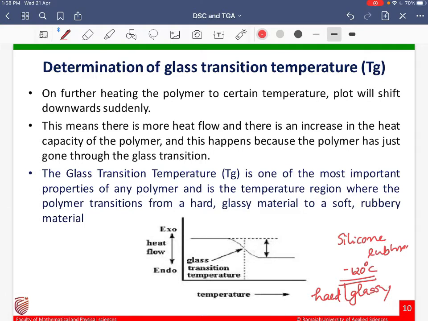Above minus 120 degrees Celsius, the silicone elastomer will act as rubbery. So minus 120 degrees Celsius is the glass transition temperature of the elastomer. If that elastomer is in a glassy state, then it will be brittle and we cannot use that elastomer for any application below that temperature.